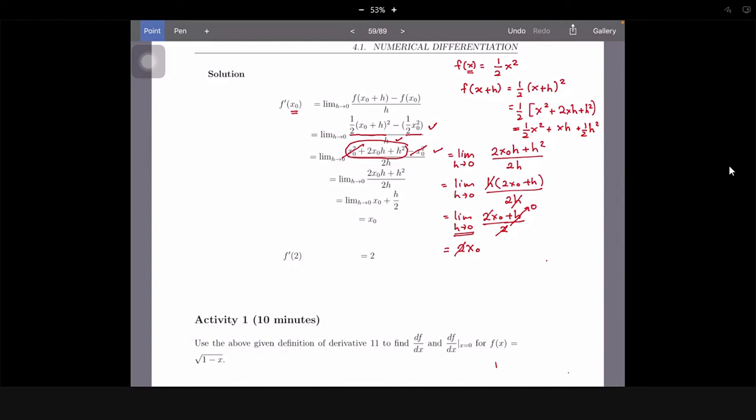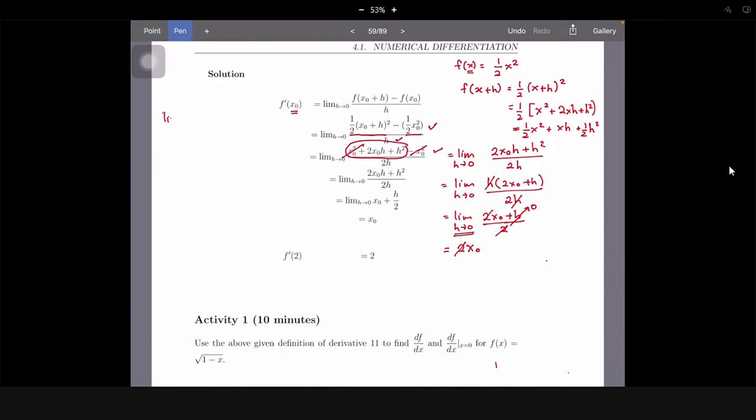Sebab dia divide by 2, dia expand dulu x0 plus h kuasa 2, you akan dapat x0. Kan, sekejap saya redo it again here.